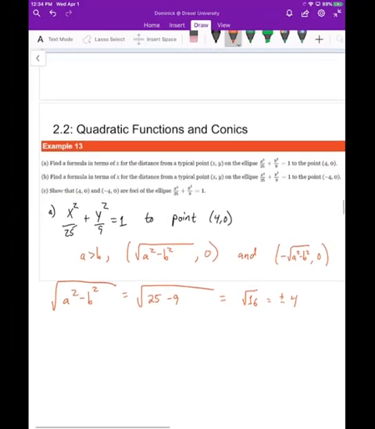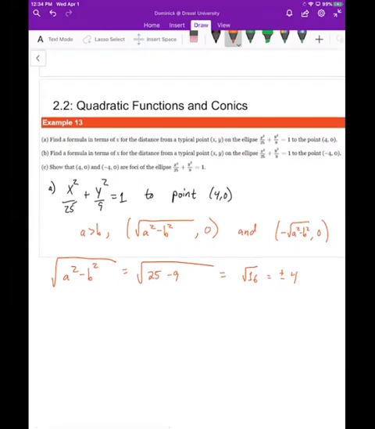So the 2 foci are 4, 0 and negative 4, 0. Okay. So this is one of our foci, and this is the one that you're seeing in part B.